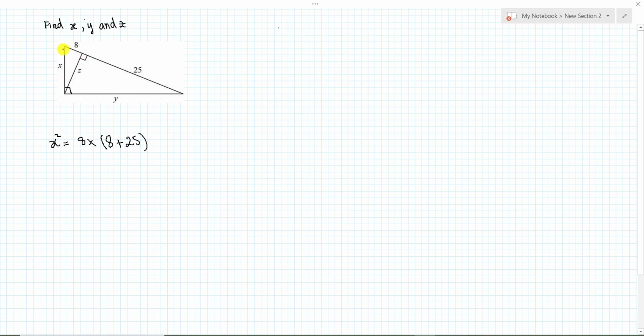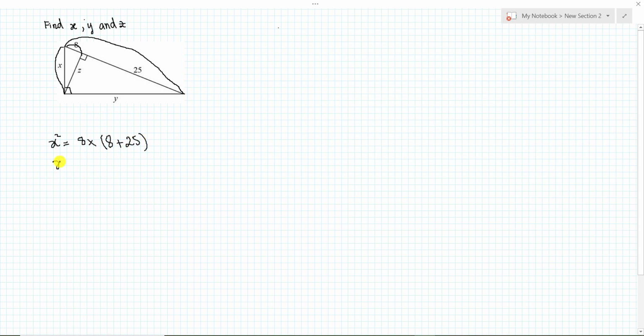Here I use the rule: if the length squared is equal to this length times this length. So this length is equal to 25 plus 8. So we get 8 squared equals 8 times (8 plus 25).